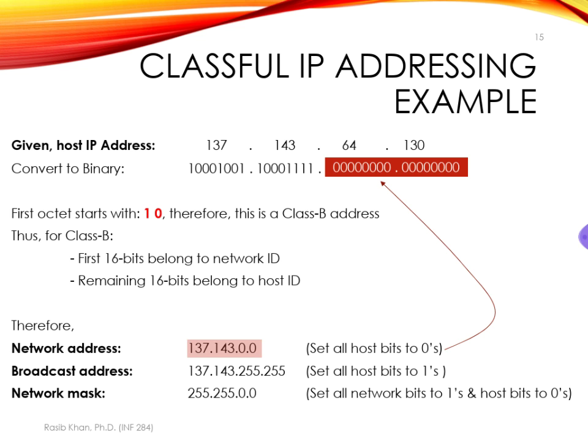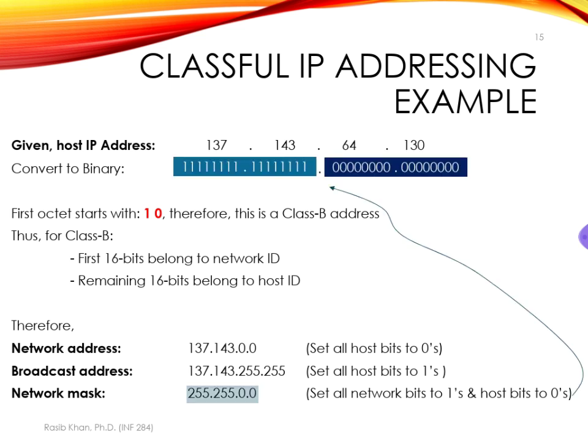For the broadcast address, for the same segment of host bits, we just set all the bits to ones. 8 binary ones would mean it is the equivalent of decimal 255. So the broadcast address is 137.143.255.255. And finally, the network mask is where we set all the bits in the network ID part to ones and all the bits in the host ID part to 0. So we have 255.255.0.0.